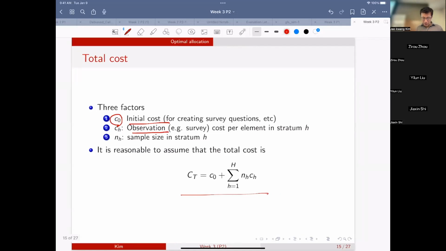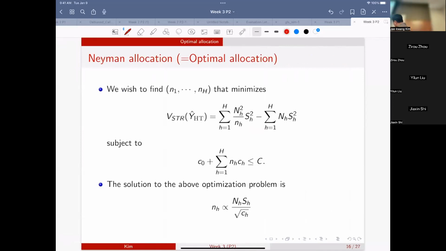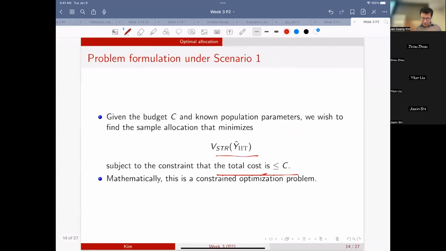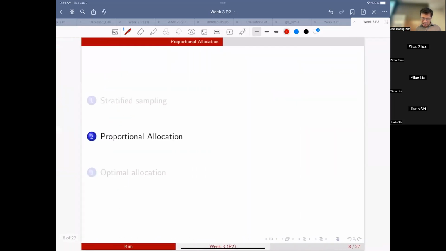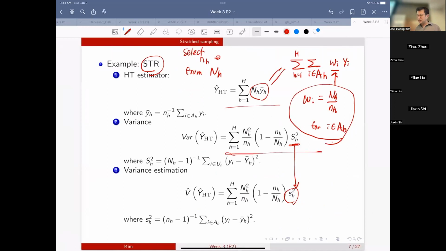So that could be considered in the cost function, and then the objective function, right? The objective function in the optimization can be written as this one. This part is already the result of our calculation here. This is the formula on the stratified random sampling, and then you can expand it, and the first term and second term have some cancellation.